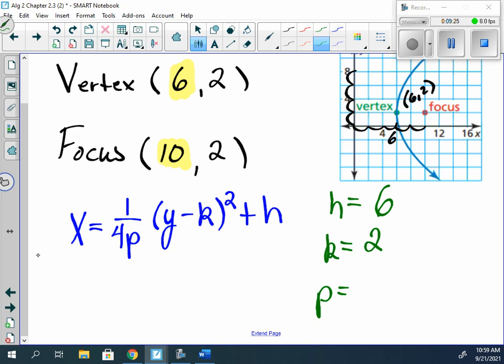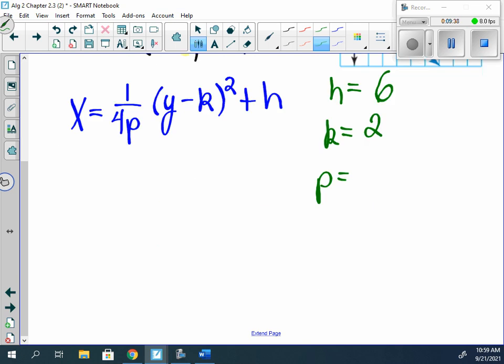What's the value of p? We don't know, but I do know that the x value of the focus is what? H plus p, yes? So for us, h plus p is equal to 10, because the x value of the focus is 10, yes?